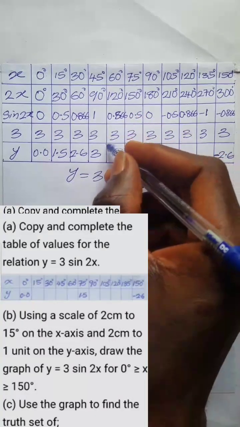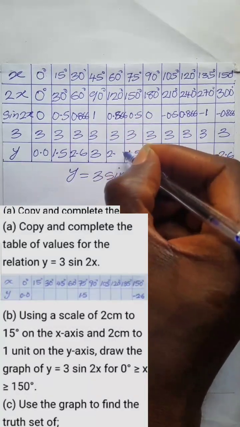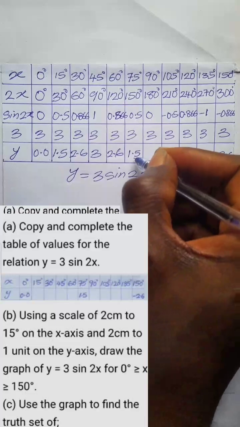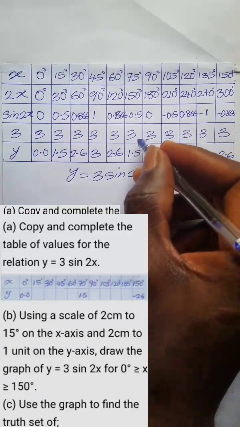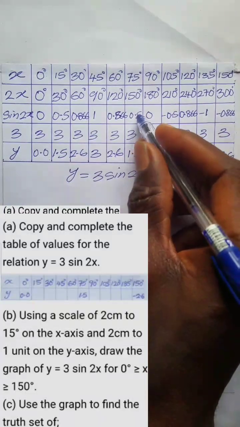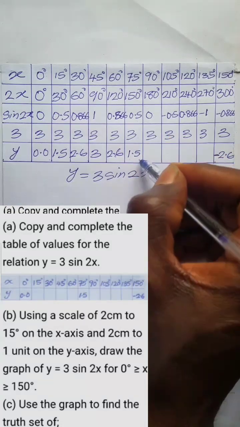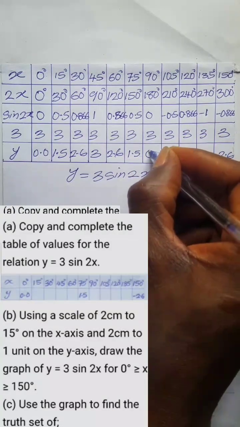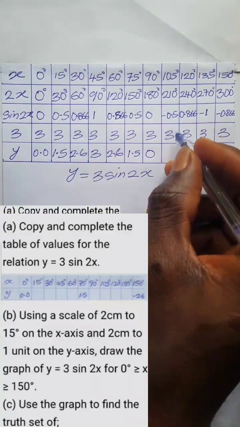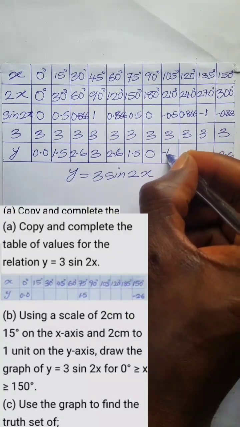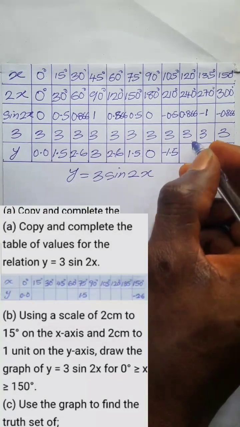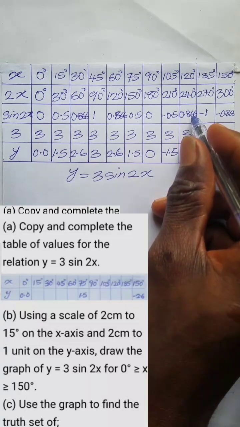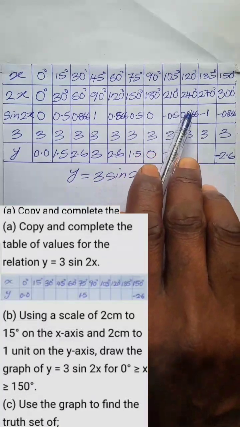Again, this is 2.6. This is 1.5, which is already there. Multiply 3 times 0.5 gives 1.5. It matches what they gave us already. 3 times 0 is 0. Then 3 times minus 0.5 is minus 1.5. Then here, sorry, we made a mistake.